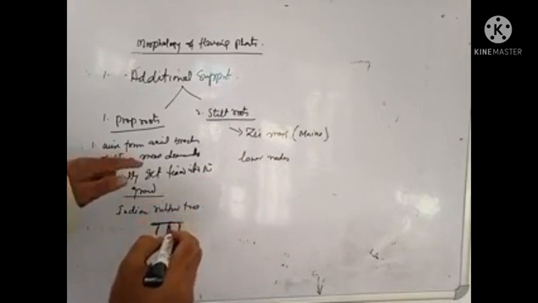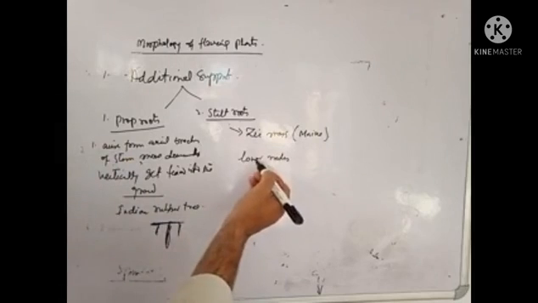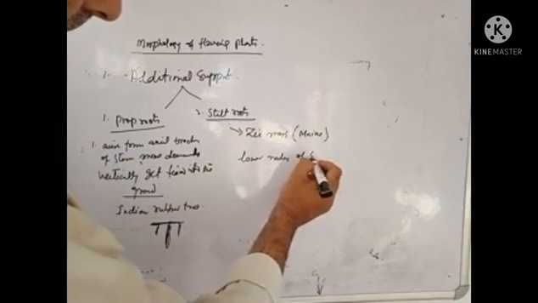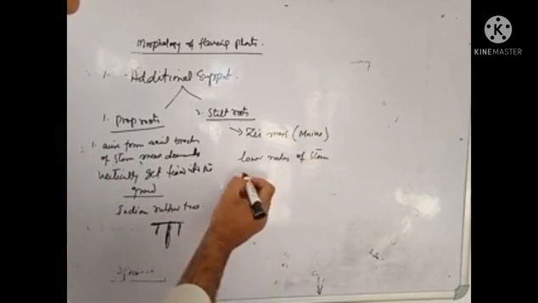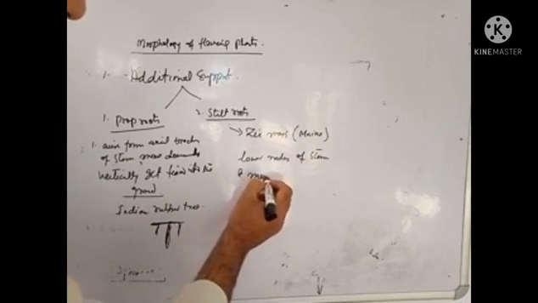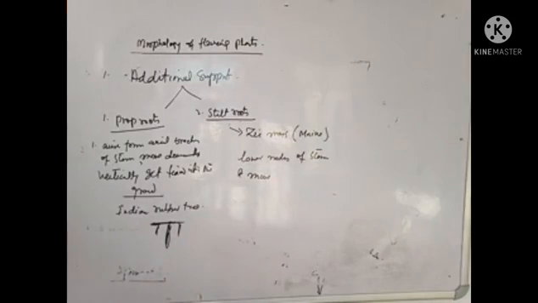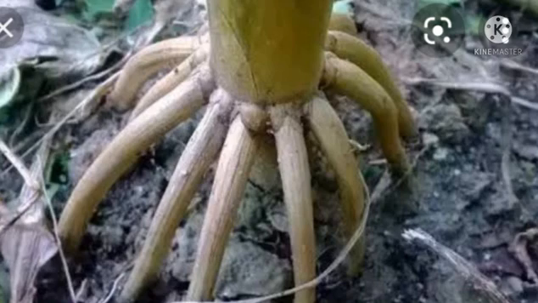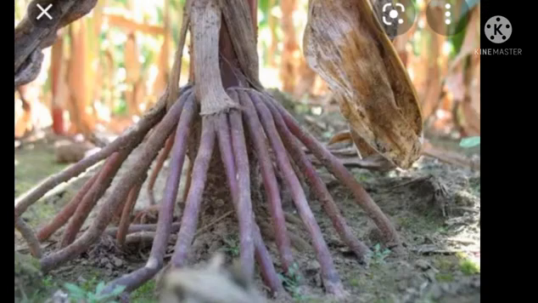Prop roots arise from aerial branches of stem; however, these arise from lower nodes of stem and move not vertically but obliquely downwards, and get fixed into the ground, and in this way they support the plant.